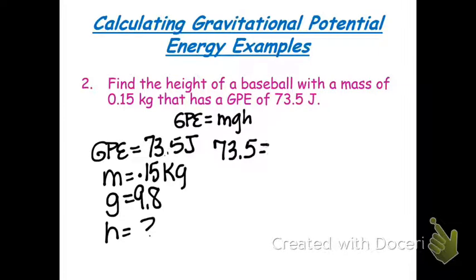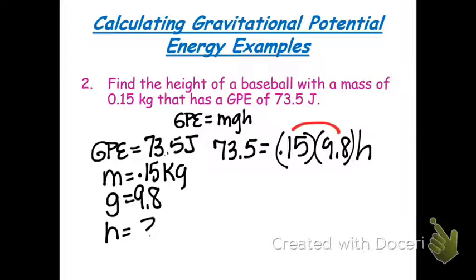The setup would be 73.5 is equal to 0.15 times 9.8 times h. Mathematically, I would go ahead and multiply these two together. 0.15 times 9.8 is equal to 1.47.